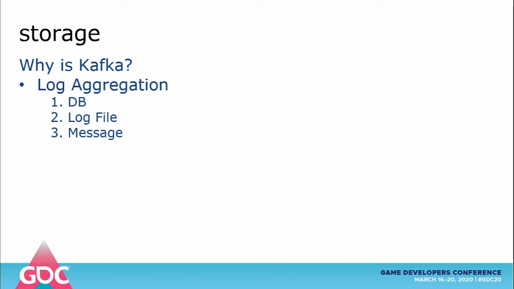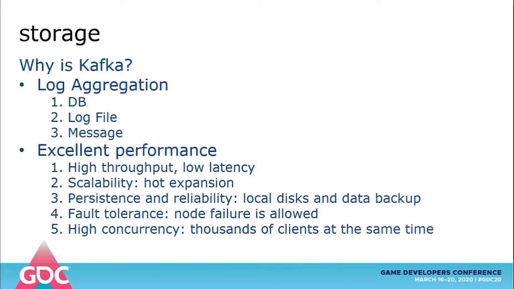Kafka's advantage lies in its high throughput and low latency. It can process millions of messages at the same time and has local storage and data backup, so it has a certain degree of fault tolerance. Node failure is allowed.